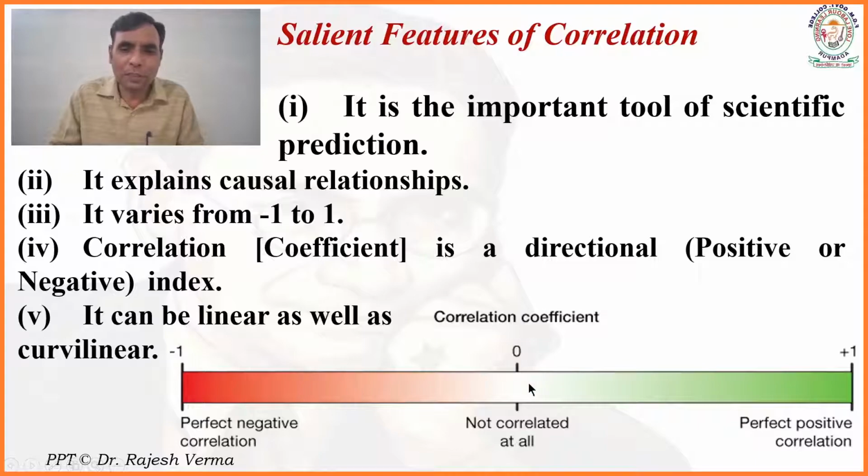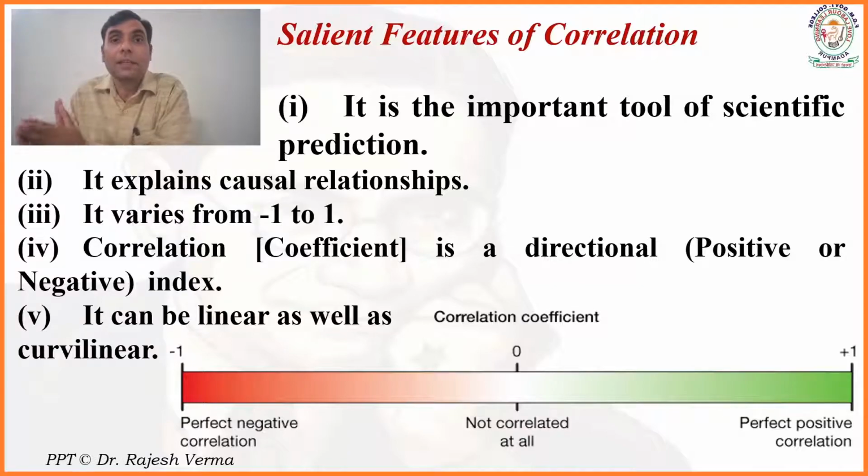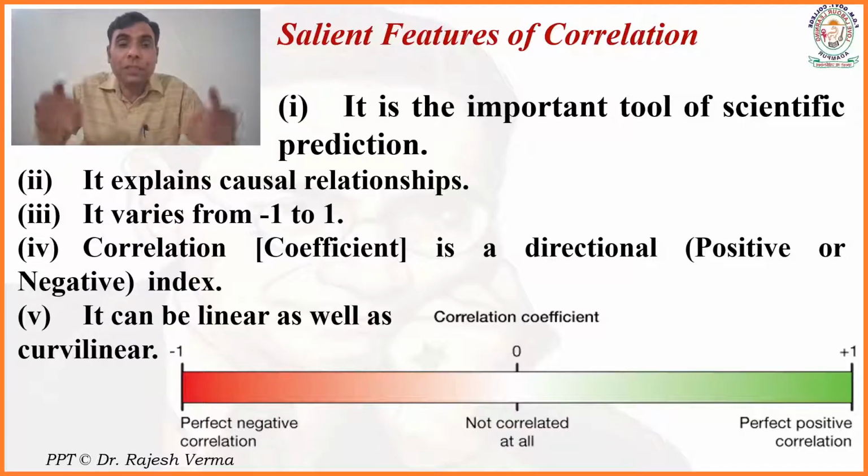If your values start from this side and reach here, the relationship is perfect, but it is a negative one, and the opposite is true this way: on this side the relationship is perfect but positive. So what is the meaning of positive correlation?